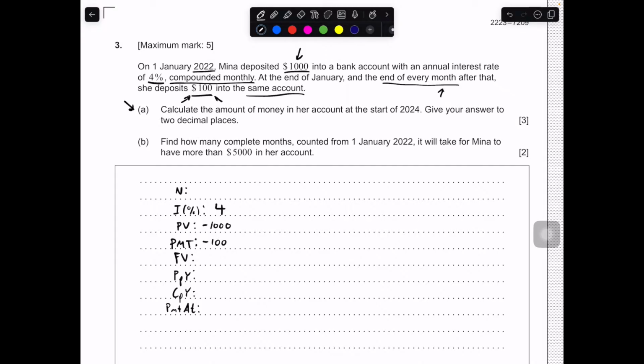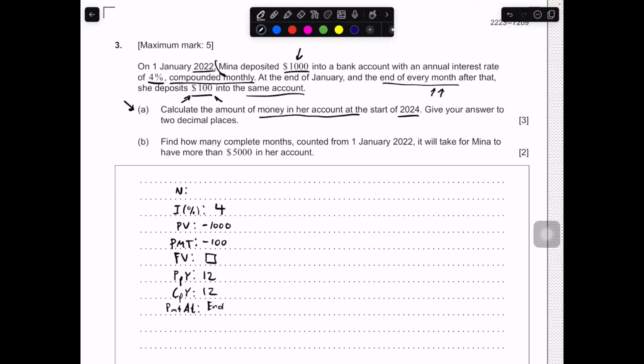The final value, we want to find the final value, the money in her account in 2024. So the final value is what we're trying to find. Payments per year, it says she's making them every month, so she's making 12 payments per year. The interest itself is compounded monthly, so compounding periods per year is 12. And then payments, of course, are at the end.